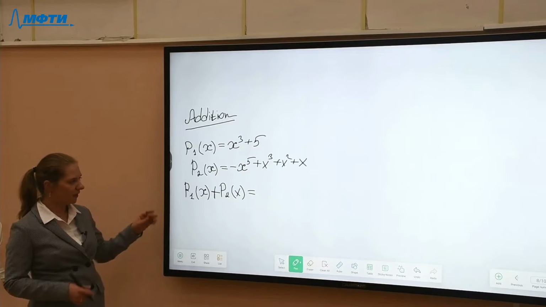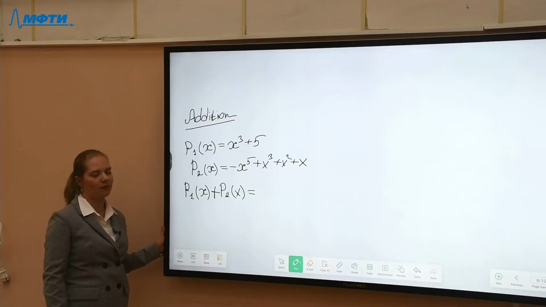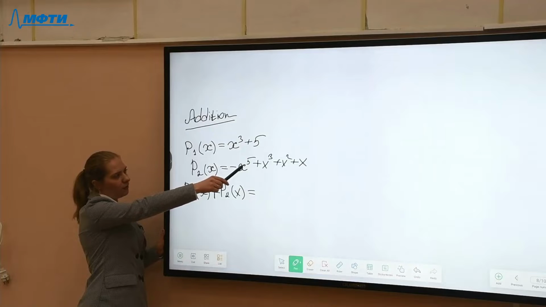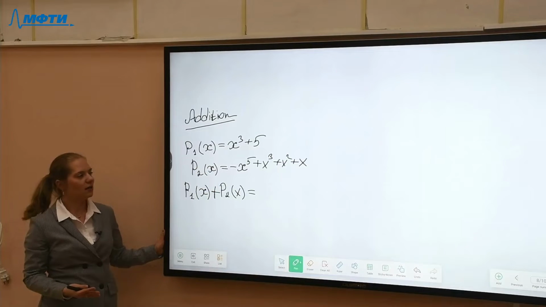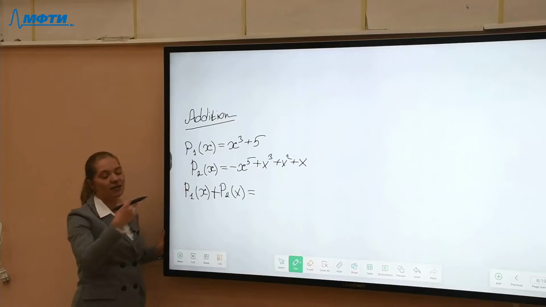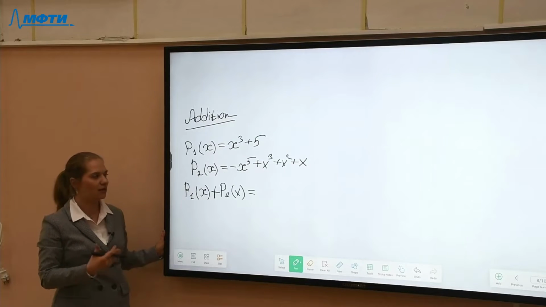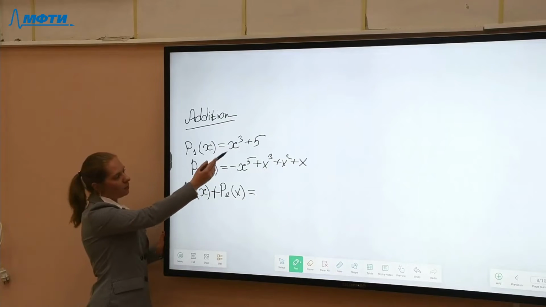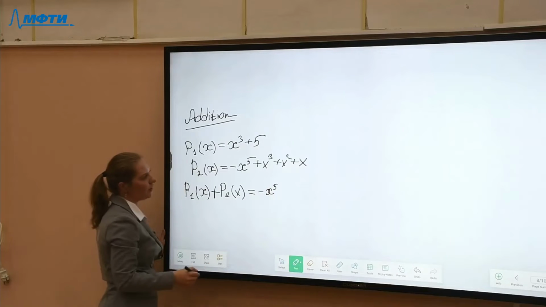So let's start with the maximal power of our polynomial. So this is 5. Here we have minus x to the power of 5. And here we don't have a term with this power. It means that if we don't have a term with the power, we consider that the coefficient of this term is 0. So we have minus 1 plus 0 is minus 1, minus x to the power of 5.